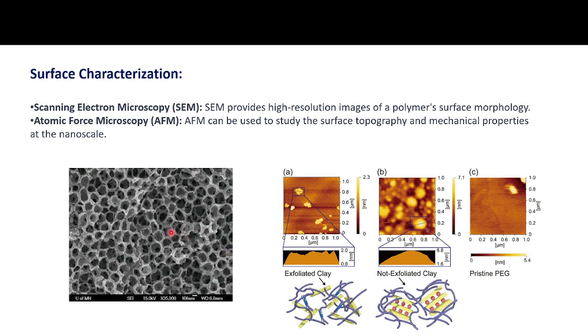So we can identify how the surface looks, and if it is a composite material, how the reinforcing material is placed in our polymer system, whether it is distributed uniformly or aggregated. All of this information we can get from SEM or AFM analysis, atomic force microscopy.